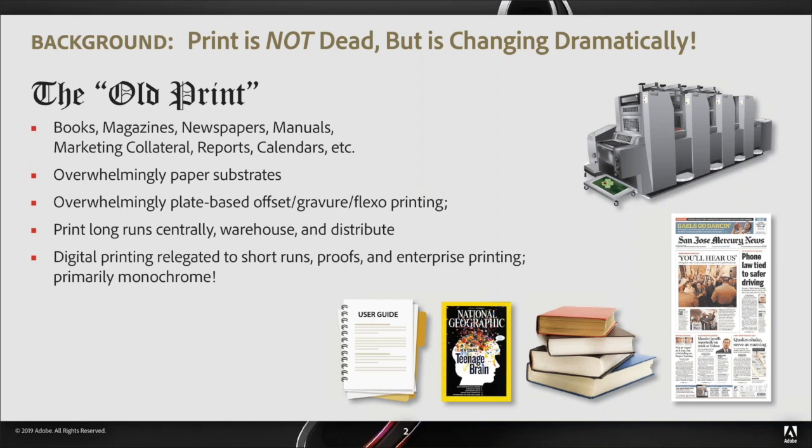In other words, we printed on something that was formerly a tree. There's overwhelmingly plate-based offset, gravure, and flexo printing. Typically, we would print long run centrally. We'd warehouse those and distribute the results. In terms of digital printing, it was primarily for short runs, proofs, and enterprise printing, and at least at the beginning, primarily monochrome.